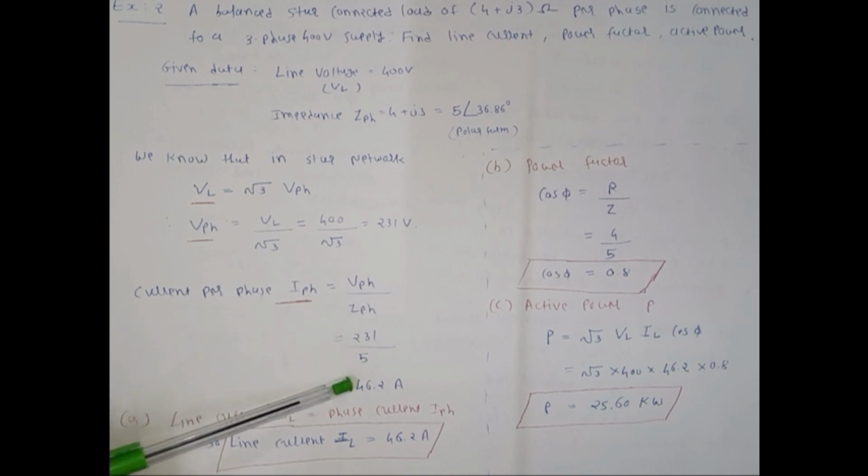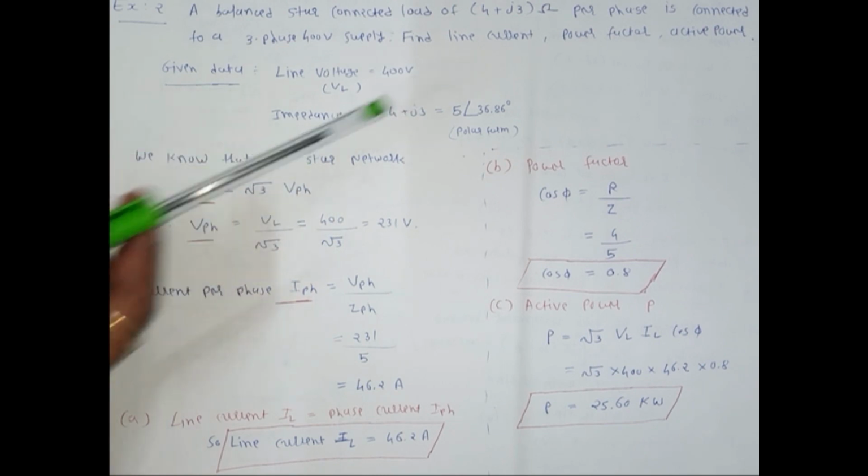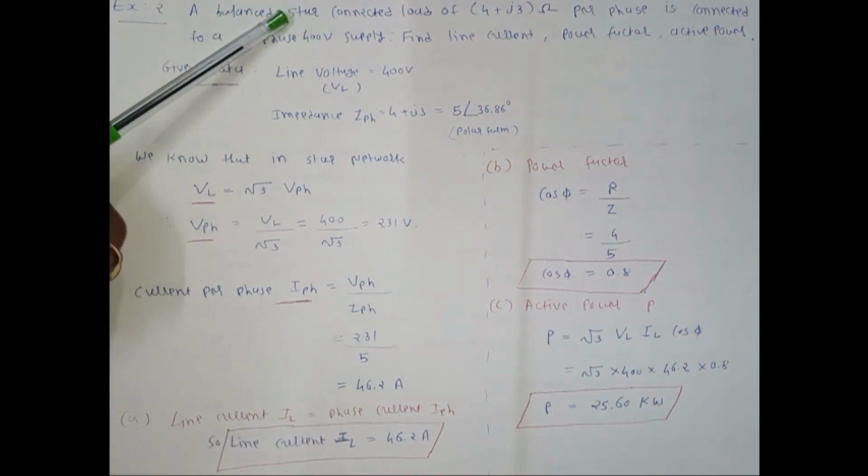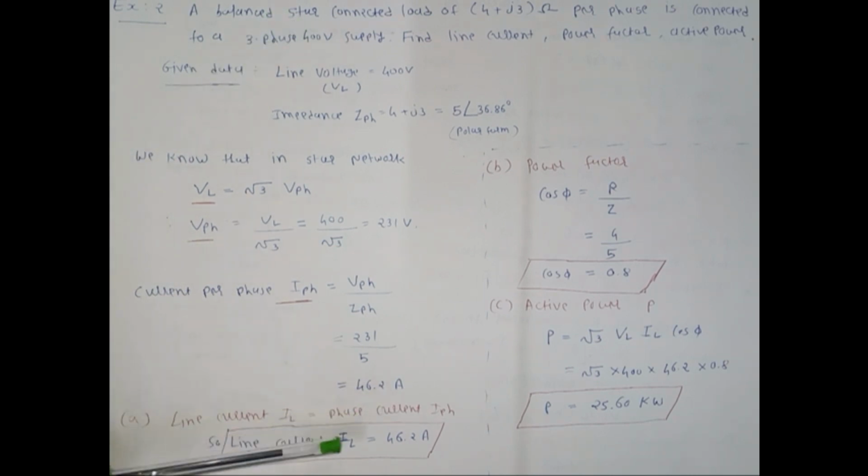So 46.2 ampere. This is the phase current. Now we want to find the line current, but we know that line current equals phase current for a star connected network. So line current IL equals 46.2 ampere, because both currents are the same in a star connected network.